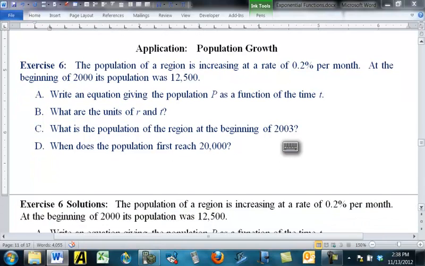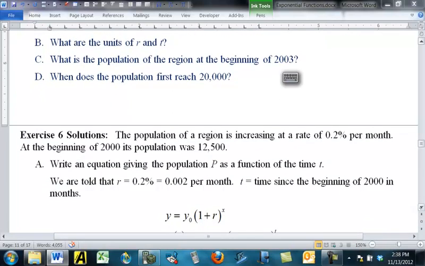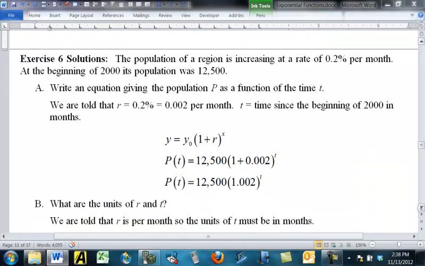Okay, now hopefully you worked that on your own, and now we come back to check the solution. Okay, it's increasing, so r is positive, and so r is 0.2% or 0.002 per month. Since that's per month, t must be in months. So r is per month, t is in months. And that'll be the time since the beginning of 2000 in months. So we use the basic formula, y equals y sub 0 times (1 plus r) to the x power.